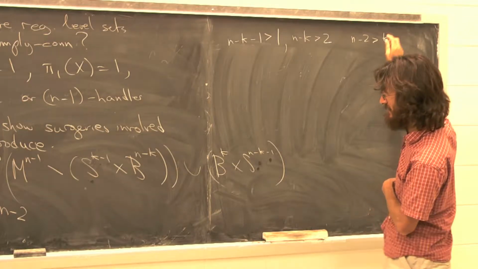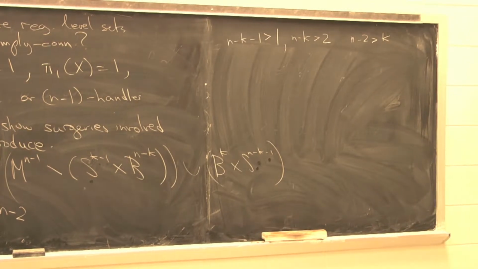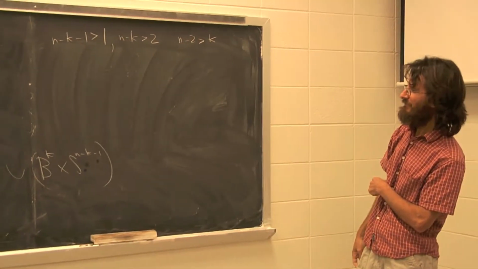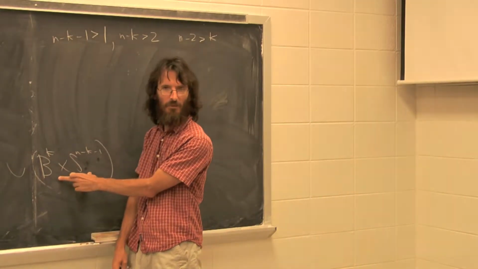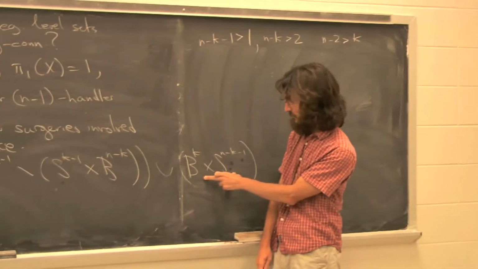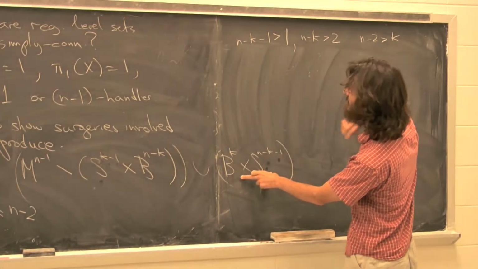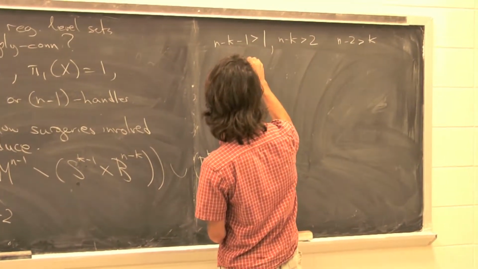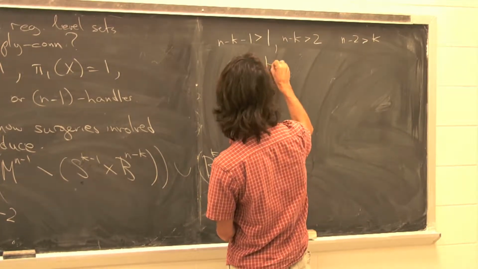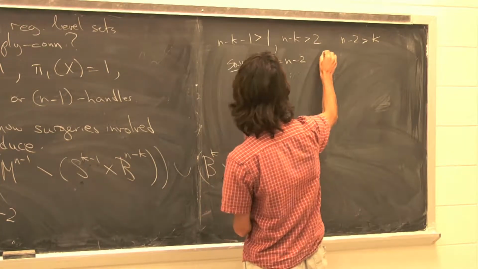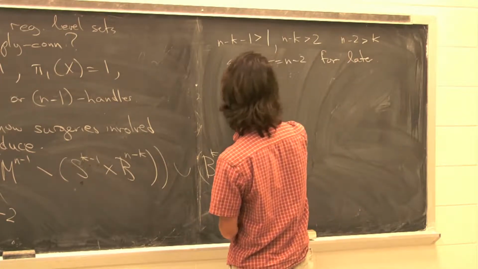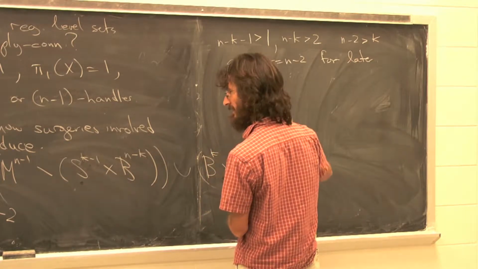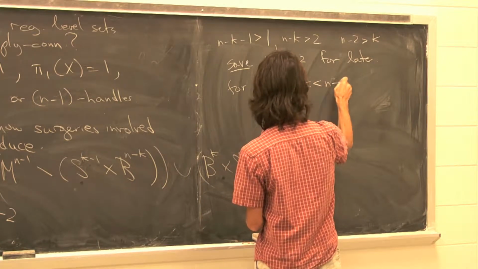So conceivably when we glue this thing in, we'll look at the case k equals n minus 2 later. So for now, let's assume k is less than n minus 2.